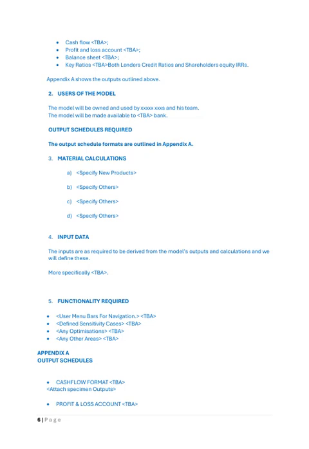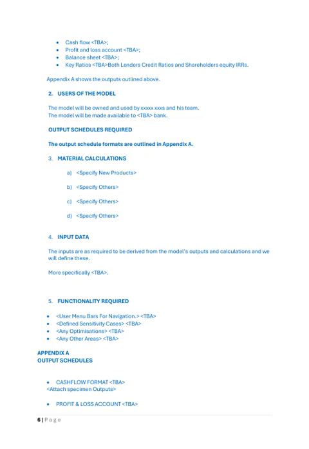The model will be managed by the designated team, and it will also be shared with the relevant bank for their review. The output schedules required are specified in Appendix A as well. Key material calculations will cover new products and other significant areas, which will be defined as we progress. Input data will be derived from the model's outputs and calculations, with specifics to be confirmed.